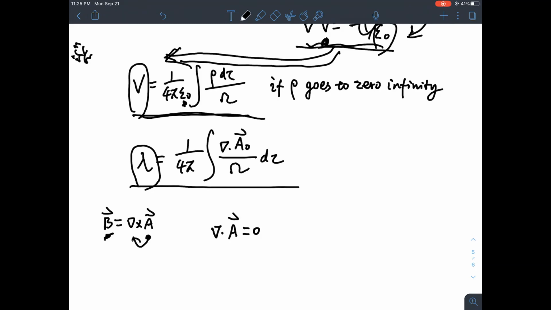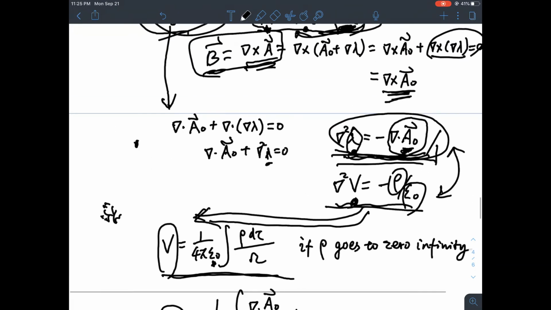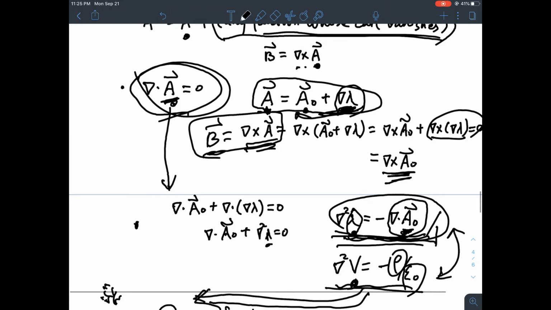So it is always possible to make the vector potential divergenceless. We can always find another function lambda that will add to the solution we had before, A0.